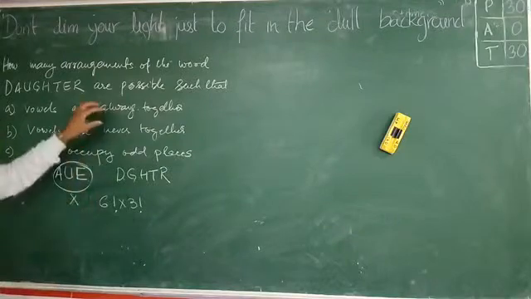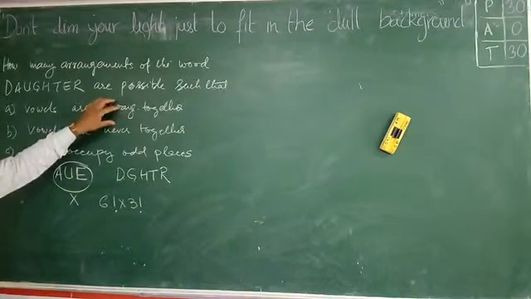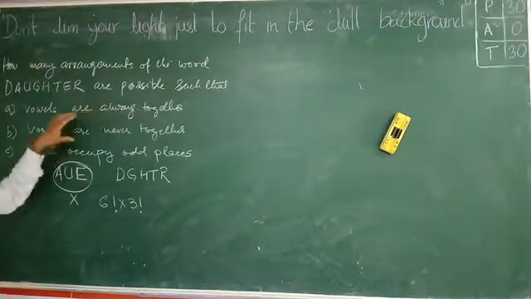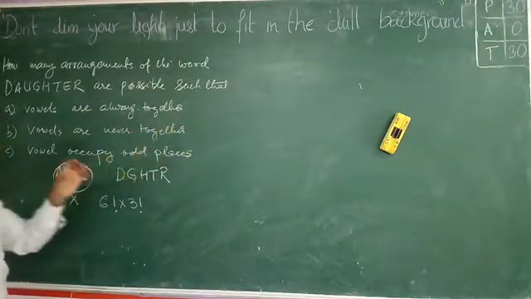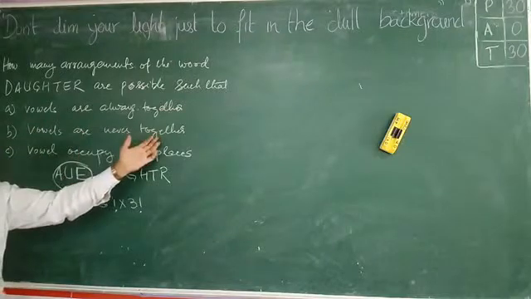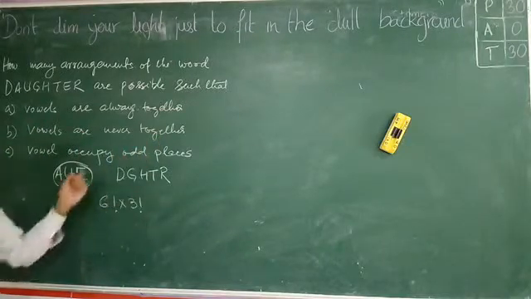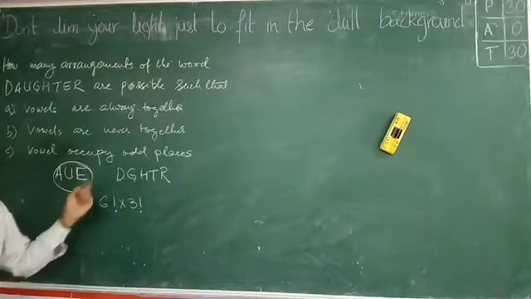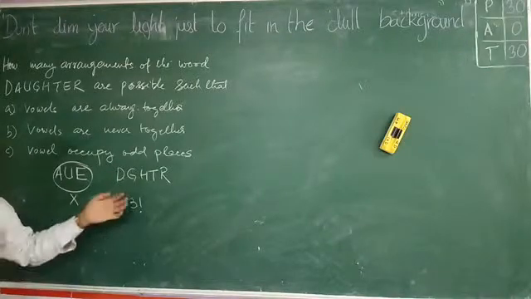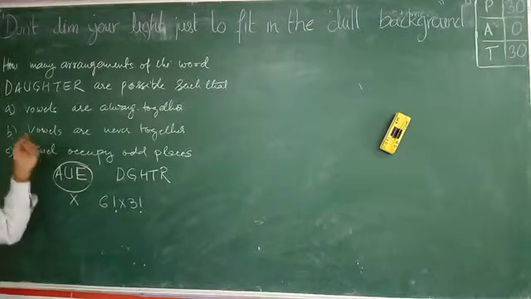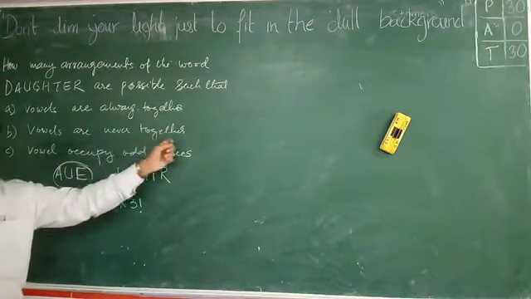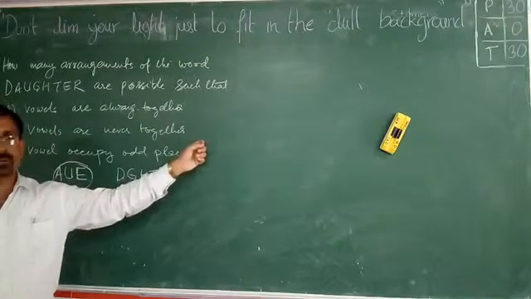We need to remove this many ways from the total number of ways, and you will get the answer to your next question, where the vowels are never together. Because we have already calculated the number of words in which the vowels are together, if we remove that from the total number of ways, we will get the number of words where the vowels are never together.